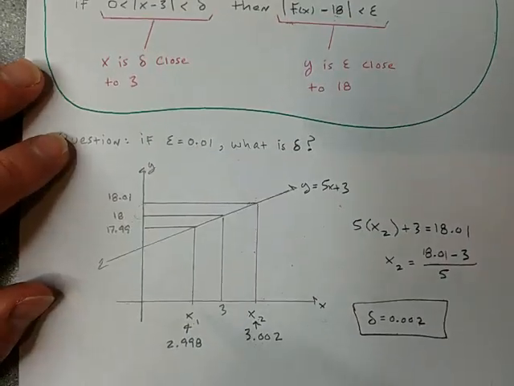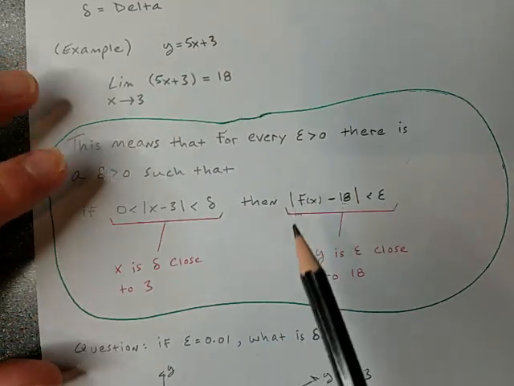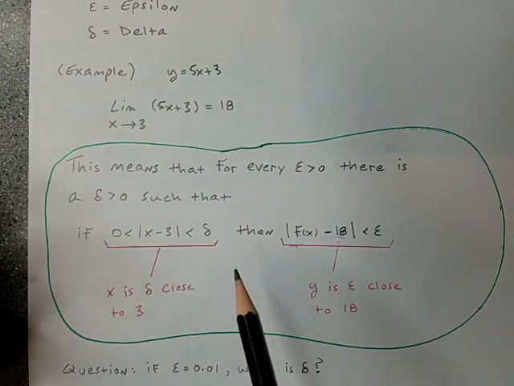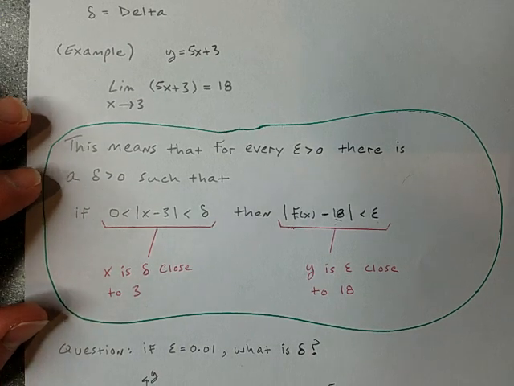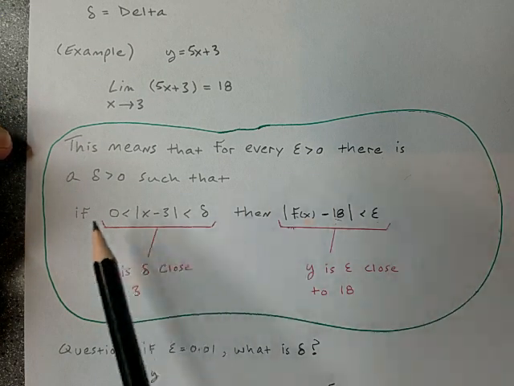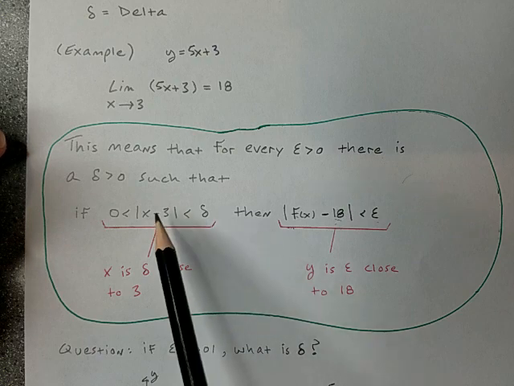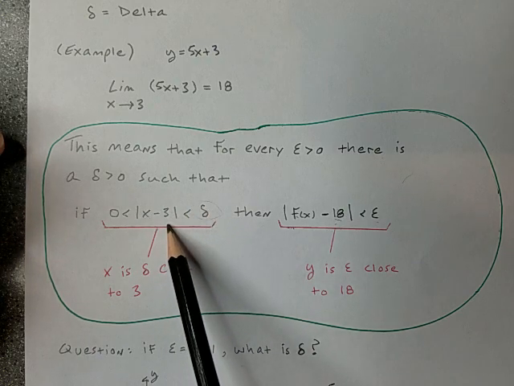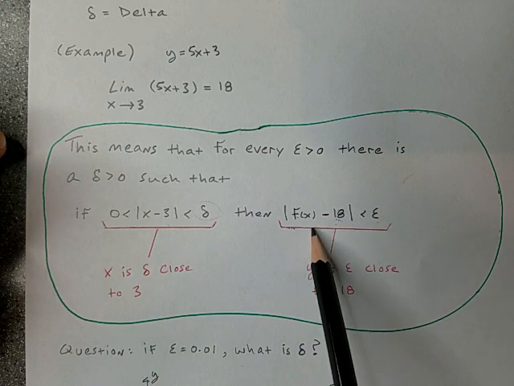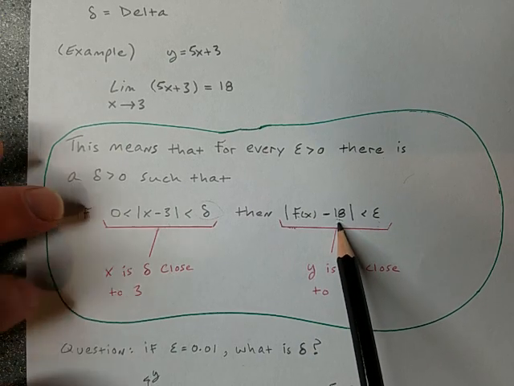All right, so I'll show you another example. Before I leave this behind, I'll emphasize one more thing. Notice that it says if and then, as if any choice of x that close to 3 will cause y to be this close to 18.